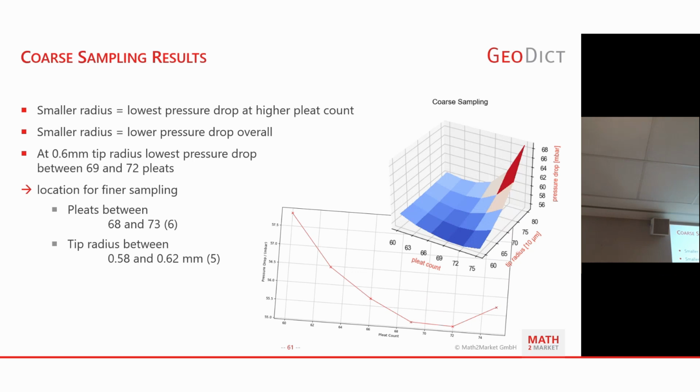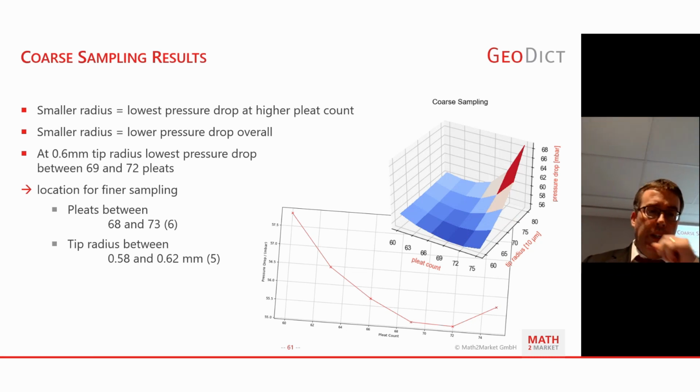The same is, of course, true here for a higher tip radius. We reach that crowded point earlier. But you can also see, this time I use the mouse, that we have some sort of diagonal drop down here. For smaller tip radii, it actually goes to higher pleat count because there is more space inside, doesn't it?